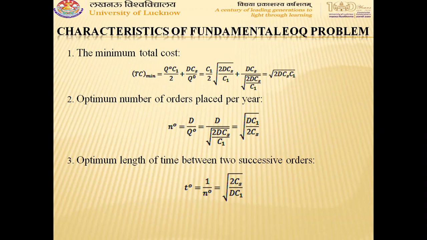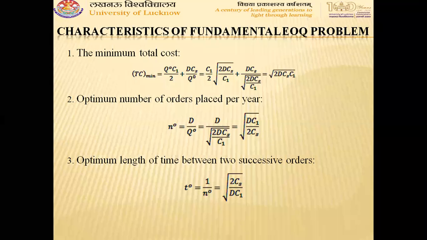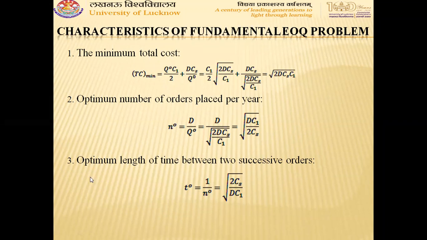Then, how many orders should be placed during 1 year? N naught is equal to D upon Q naught, that is D upon root of 2 D CS upon C1, which will give root of D C1 upon 2 CS. That is the optimum number of orders placed per year.